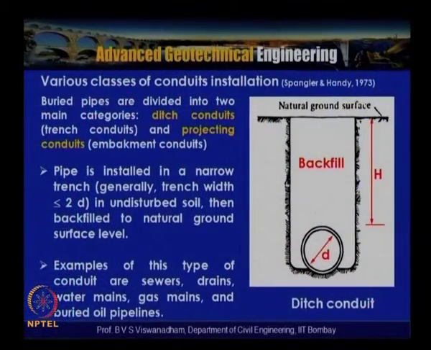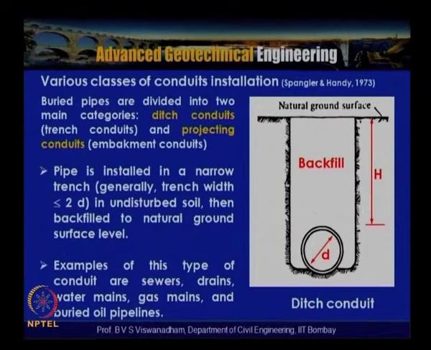These buried conduits or buried pipes are very important from the infrastructure point of view, like many underground utilities which are required nowadays to be embedded below the ground level, both offshore as well as onshore. These buried pipelines are divided into two main categories.